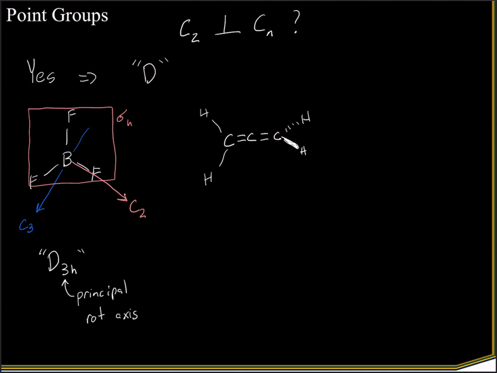But here what we can see is that there is, in fact, a principal rotation axis that's a C2. These can be tricky to draw for this particular structure, but we can do the easy one first. We have a C2 that's directly along the side, and there's an orthogonal C2 that is going through the molecule.